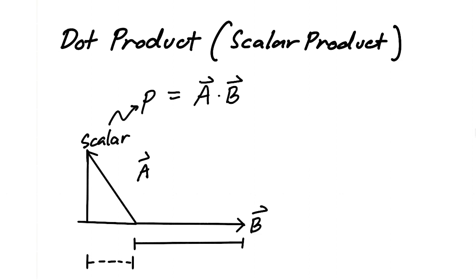So what you will get is a negative value for the scalar product. So this one multiplied to this one, this is negative. So you'll have a negative value. So yun yung idea ng scalar product. No? You multiply the magnitude of one vector doon sa projection ng other vector to your first vector.